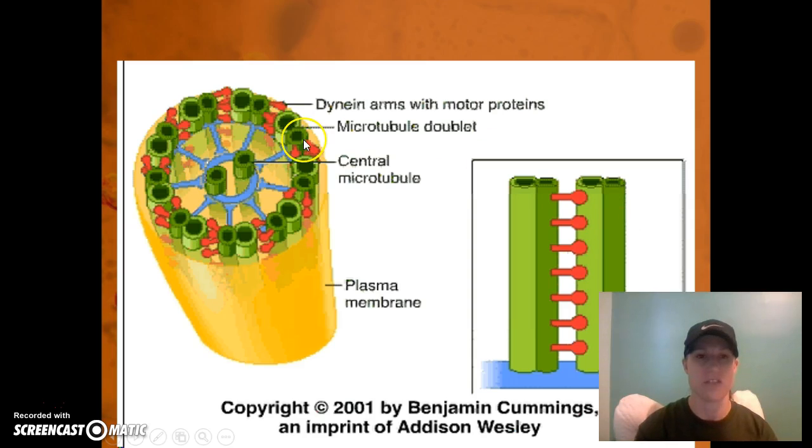So let's look at a picture of this. What we see here, 9+2, we see a ring of 9 doublets. Okay, a microtubule doublet, we see 9, and then we see 2 single microtubules in the middle. Now those doublets on the outside are connected by what we call dynein arms with motor proteins. Okay, so usually we say dynein proteins.